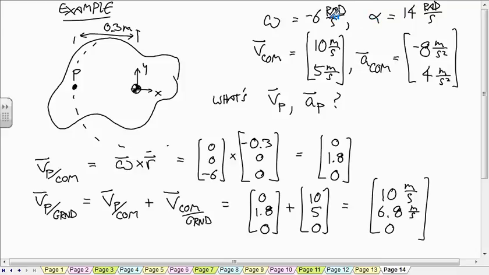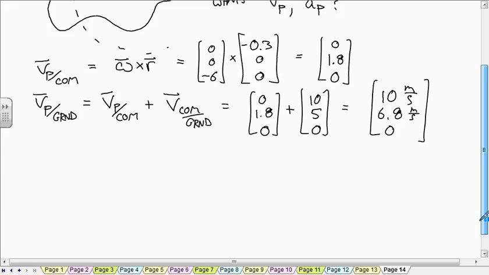Or another way of saying it: is this speeding up or slowing down the rotation? Slowing down. So there has to be a tangential acceleration opposite the velocity vector, which means there should be a tangential component pointing in the negative y direction. And then there's always centripetal acceleration, so there'll also be a centripetal component in the positive x direction. So we expect positive x, negative y.